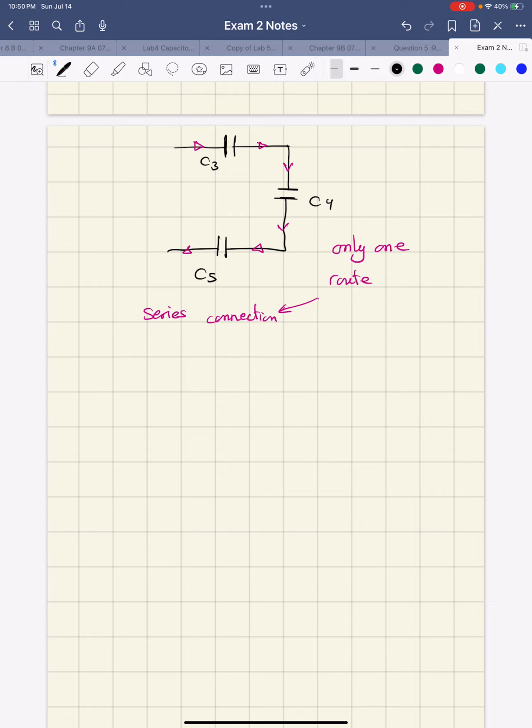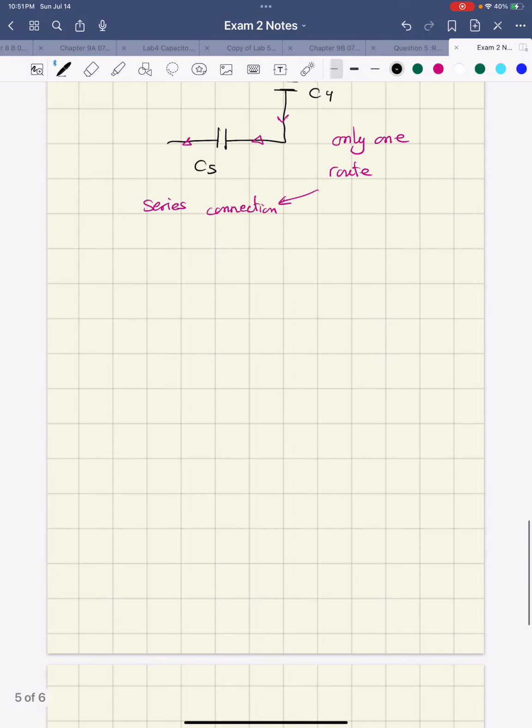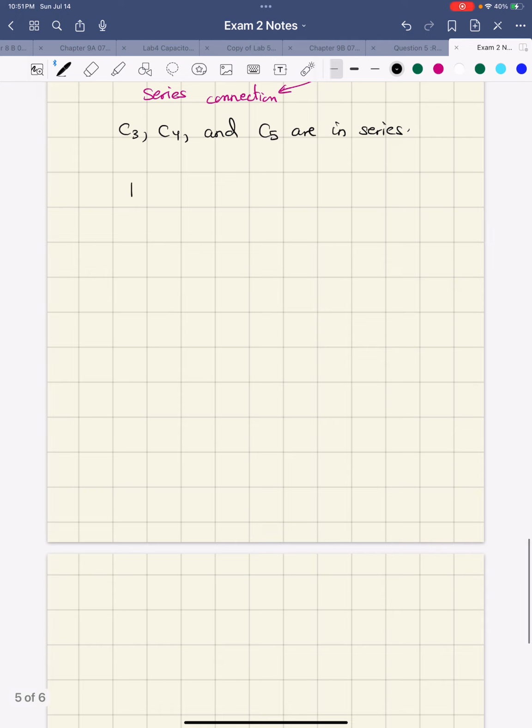For a series connection, we know that C3, C4, and C5 are in series. Then 1 over C345 equals 1 over C3 plus 1 over C4 plus 1 over C5.